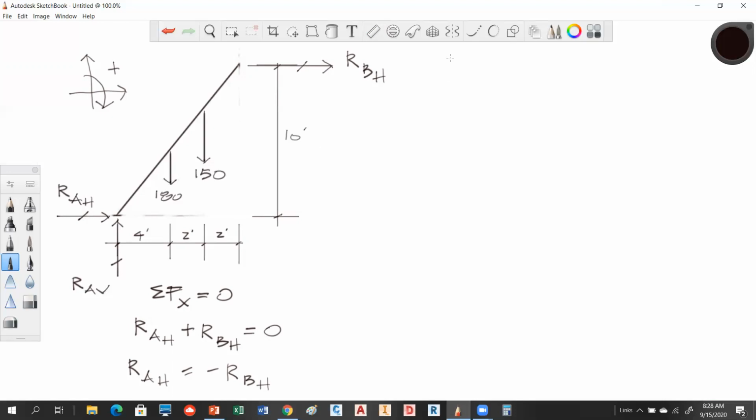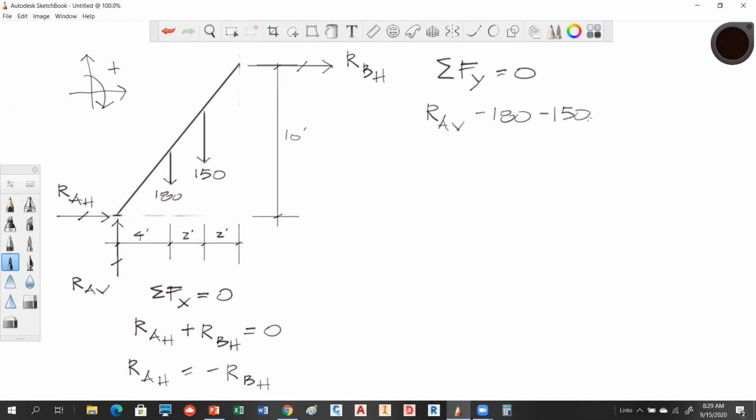All right, so now we can do a sum of forces in Y. There's going to be a lot more going on in the Y. Sum of forces in Y have to equal 0. So in Y we have RAV, that's going up, minus 180, minus 150.